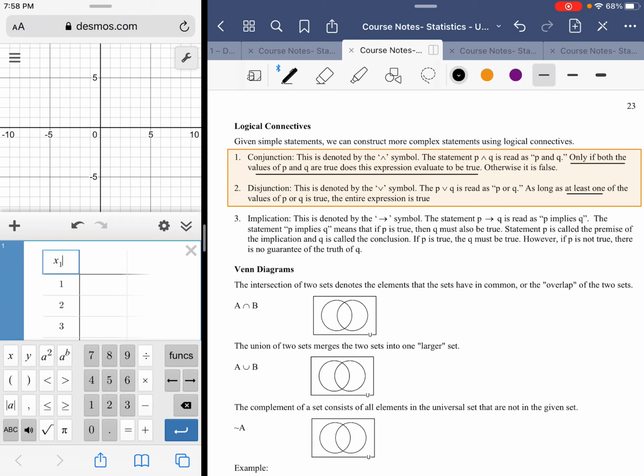All right, so in terms of just raw context, kind of look at it like this: I am qualified to teach this course and I am getting paid to teach this course. If both parts of those two things are true, then the whole sentence is true.